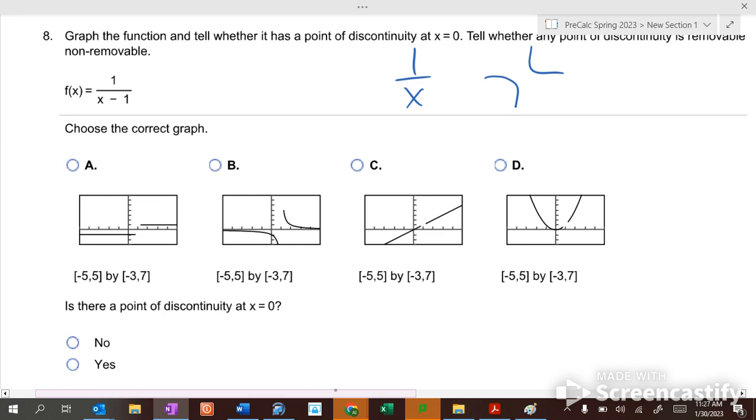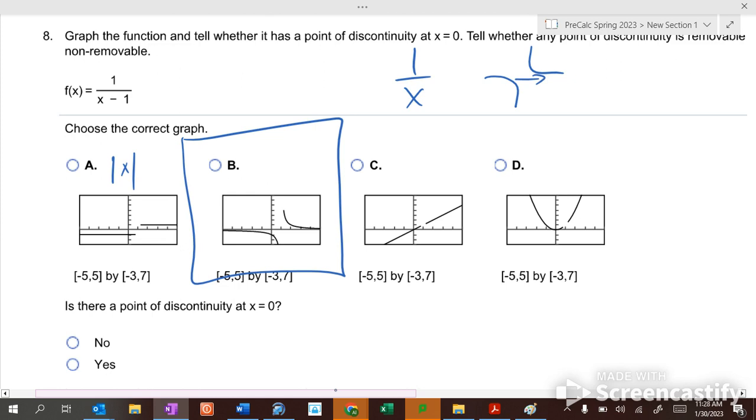Okay? So 1 over x minus 1 just shifts it up or down or right or left, and it actually shifts it right. So it would be choice B. A is a graph with what involved? Absolute values. This would be an absolute value graph. Okay?